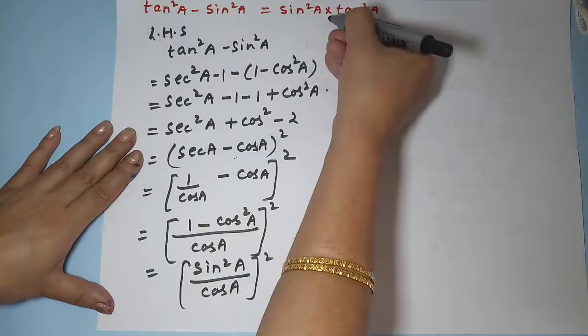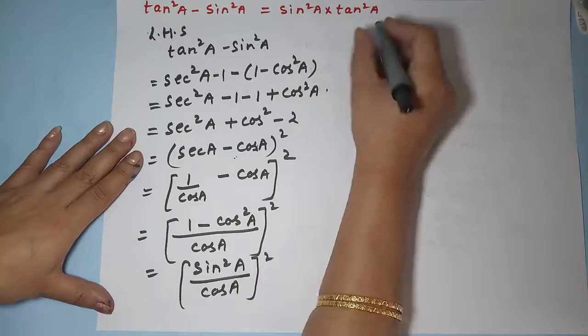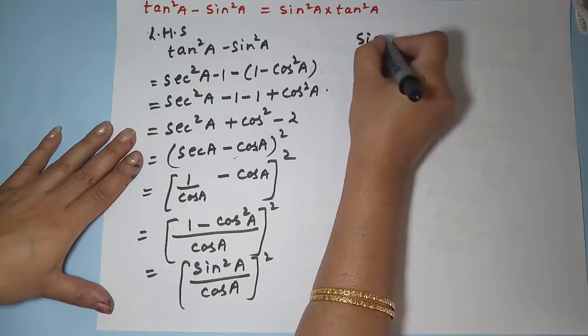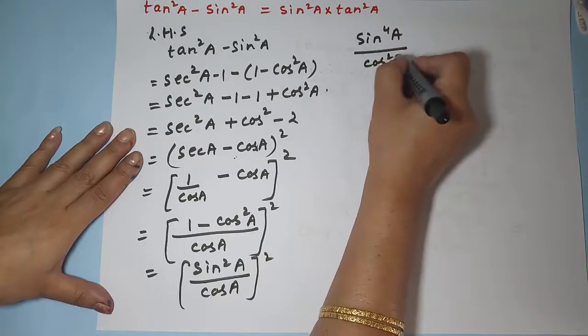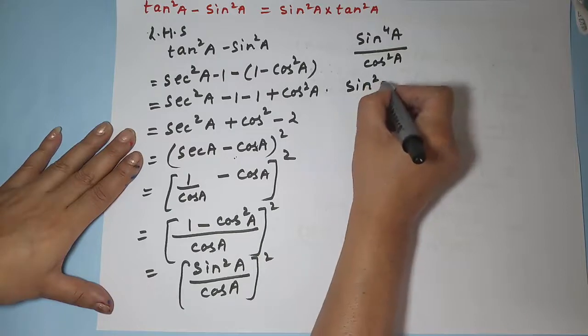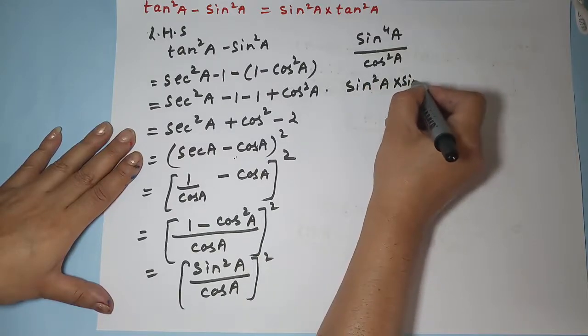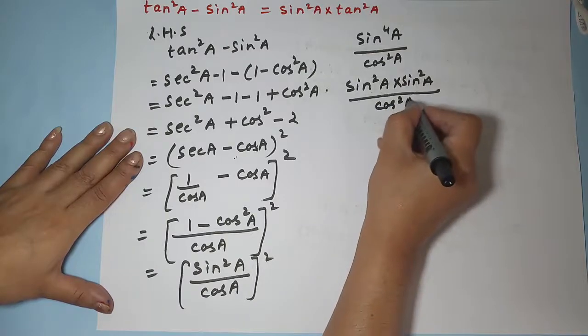Okay? I have to get sine square A into tan square A. So if I open this square, what will I get? I will get sine 4A upon cos square A. Now can I write this sine 4A as sine square A into sine square A upon cos square A, right?